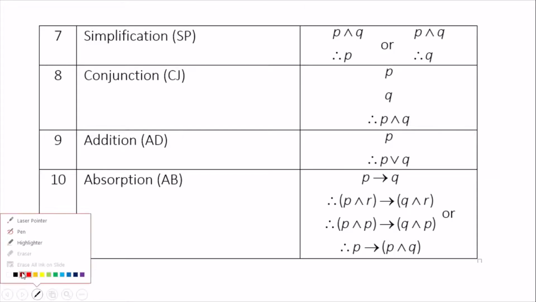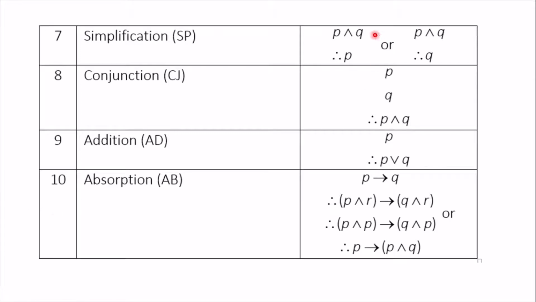Now if we have that form, P and Q, since both statements are true, then we can arrive at the conclusion that it must be either P, okay? Since P is true, or kunin din natin yung isa which is Q. So that is simplification. So pwede nating kunin yung isang statement from the given conjunction.